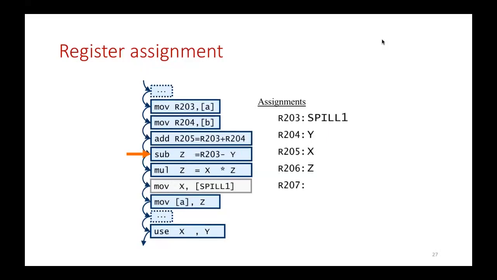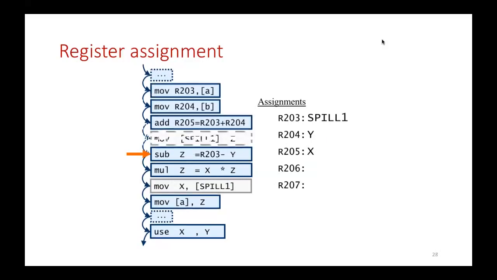So in this particular case, R203, which we're looking for a register for, is going to get register Z. But since R203 was in a spill state, we have to insert a store of Z into that spill slot, because a little bit later on we're going to reload it back into X. So this is where that symmetric spilling comes into play.